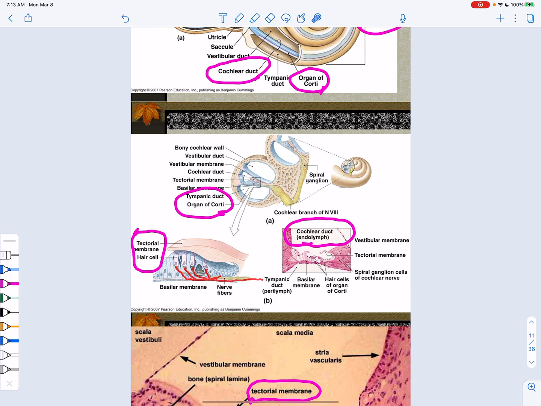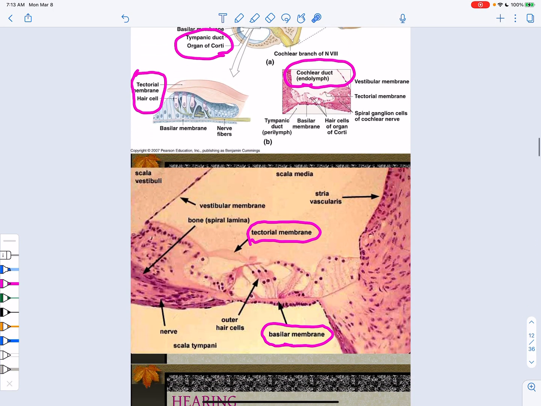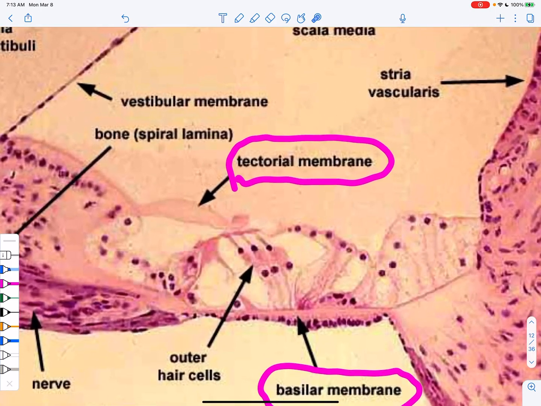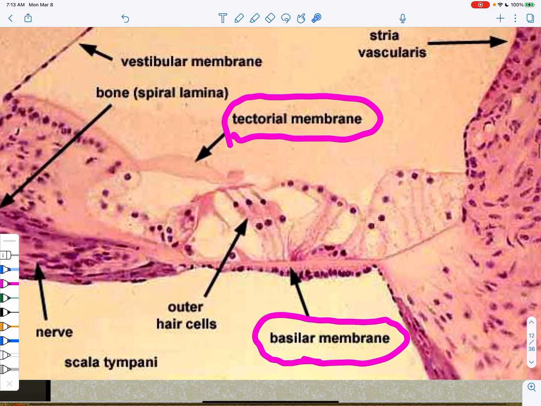And they're attached to those hair cells. And the hair cells are under the tectorial membrane. Now, if I look at this up close under a microscope here, here is the base membrane.